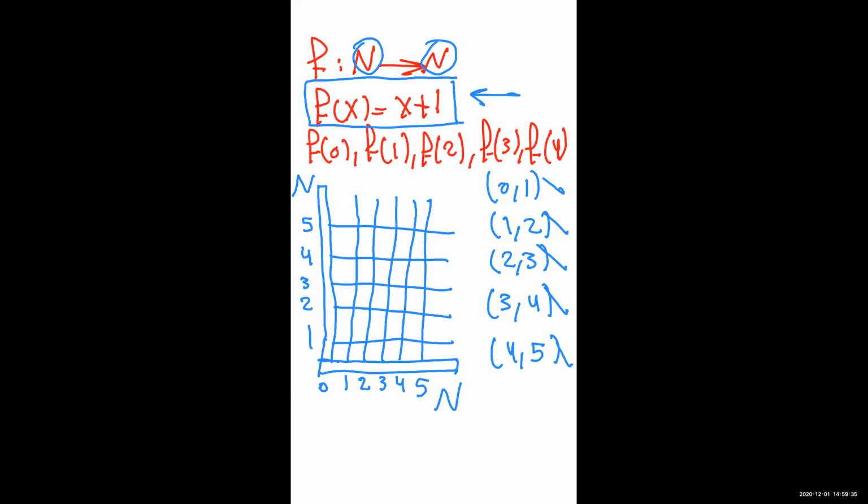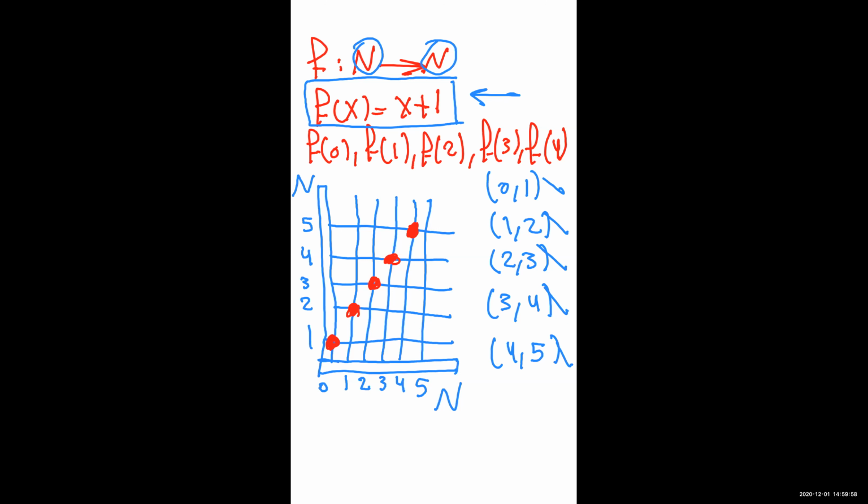Now the first point is (0, 1), so it will be this point. Then (1, 2), this point; (2, 3), this point; (3, 4), this point; and then (4, 5), this point. So this is the Cartesian diagram for these 5 elements.